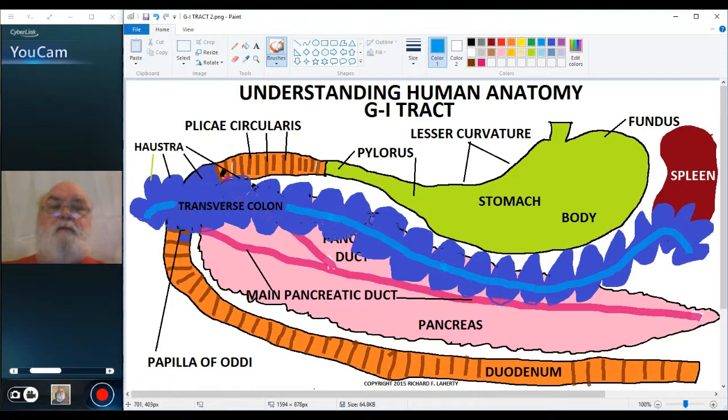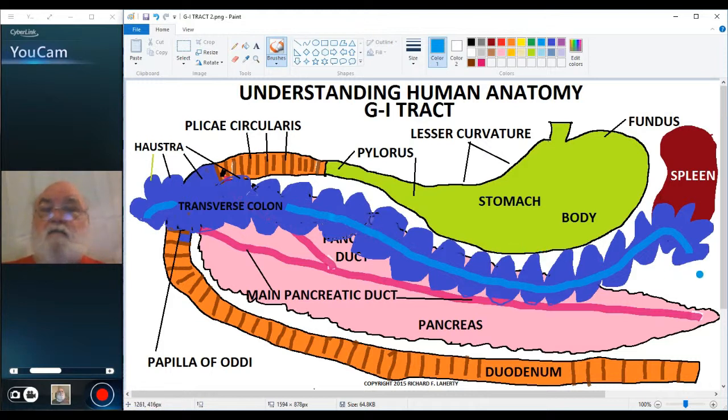And there are 3 of them spaced equally around the circumference of the large intestine. But they also are diagnostic. They stand out quite readily when you're looking at the intestine.